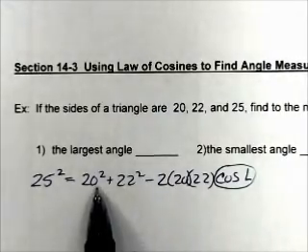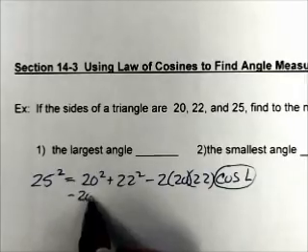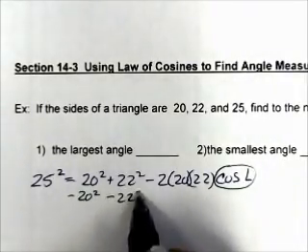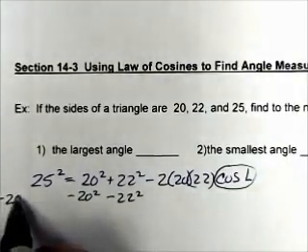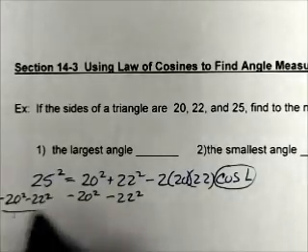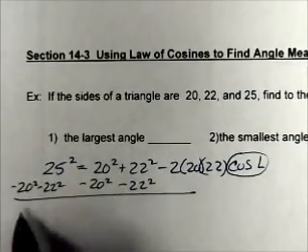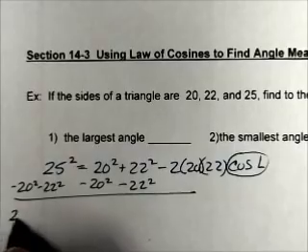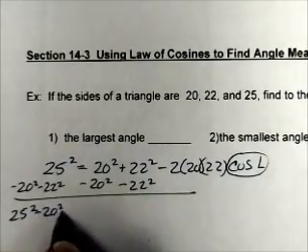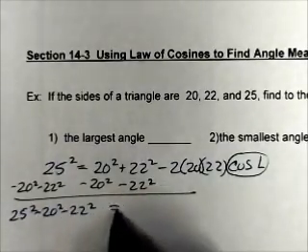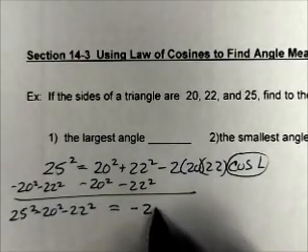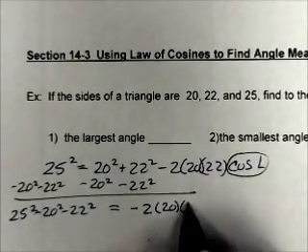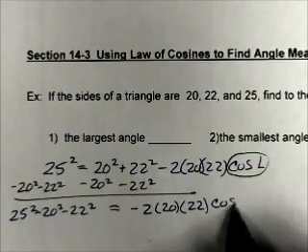We'll first undo the addition, meaning I'm subtracting 20 squared and 22 squared from both sides. So that leaves us with 25 squared minus 20 squared minus 22 squared is equal to negative 2 times 20 times 22 times cosine L.